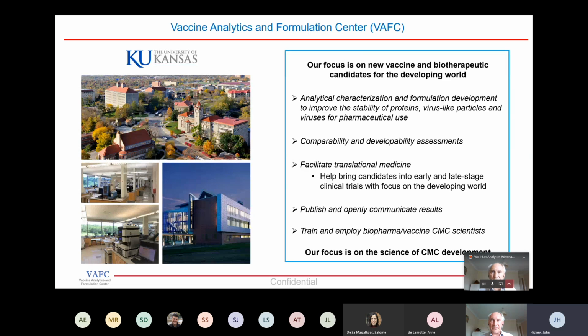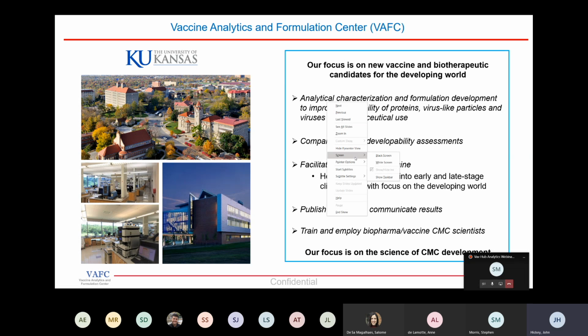To start off, I'm just going to give you a little bit more background about our center here at the University of Kansas, and then I'll get into case studies of how we use mass spectrometry to develop vaccines. This is an overview slide of the focus of our work. Mainly it's through analytical characterization and formulation development of proteins, VLPs, and viruses for pharmaceutical use.